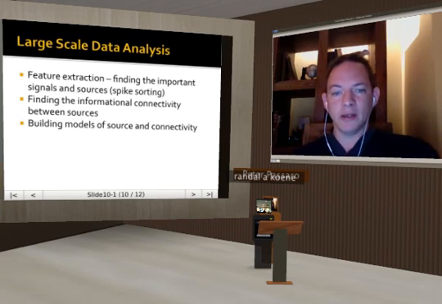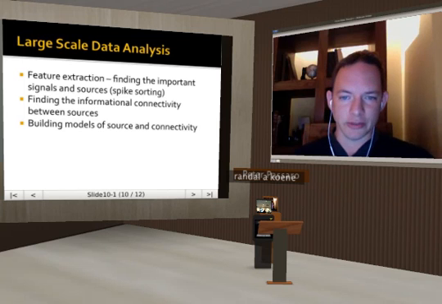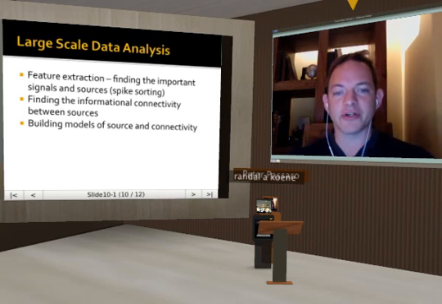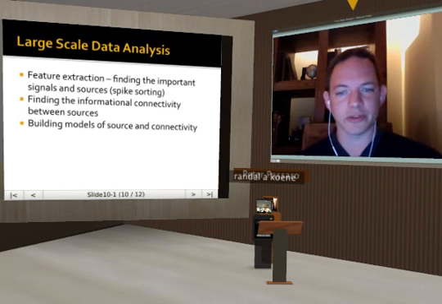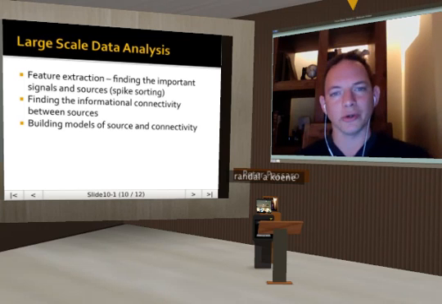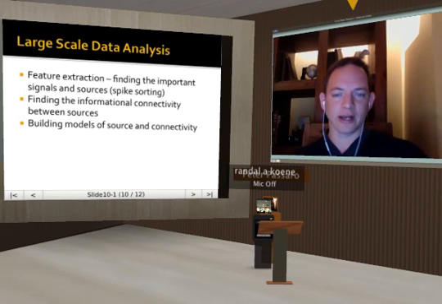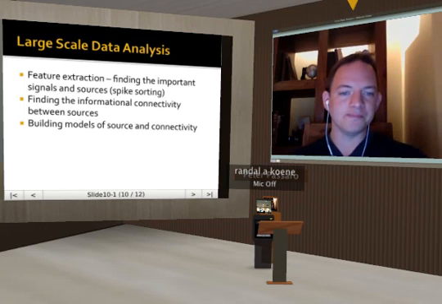So we want to do spike sorting. We want to locate individual cells. We want to know what they're up to on a moment-to-moment basis. We want to know where they are, roughly what size they are, and then we want to find the informational connectivity between these sources, between these neurons. Who's talking to who in any particular instant, and then correlate that back with the behavior we see either ex vivo or in vivo.